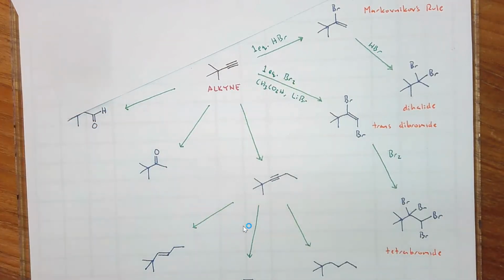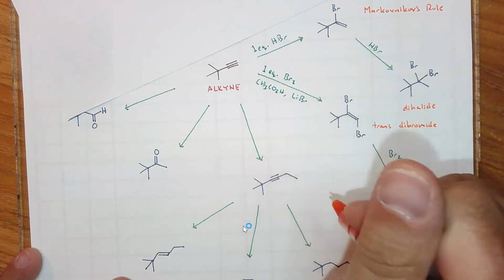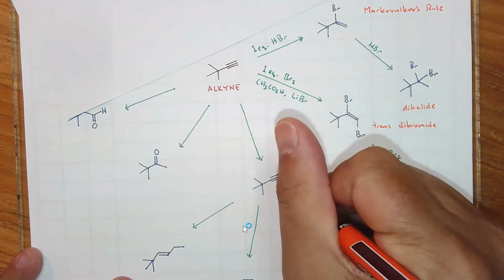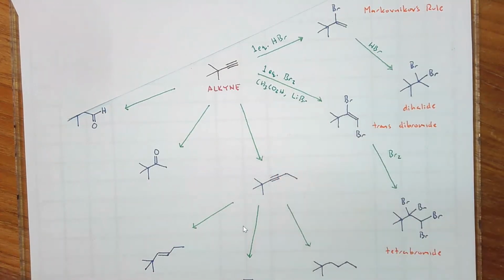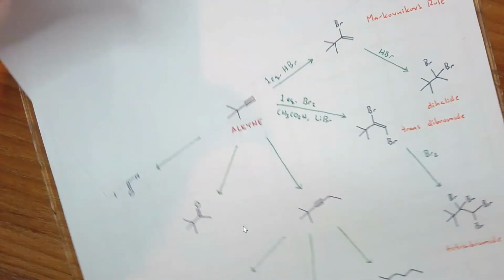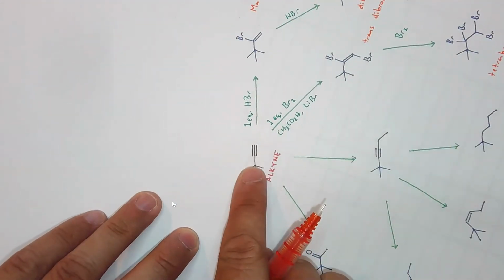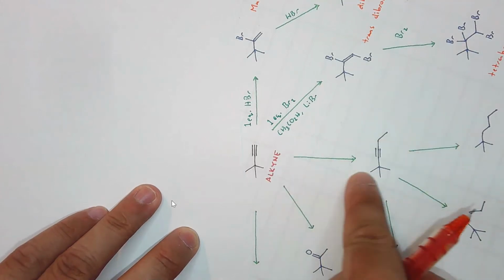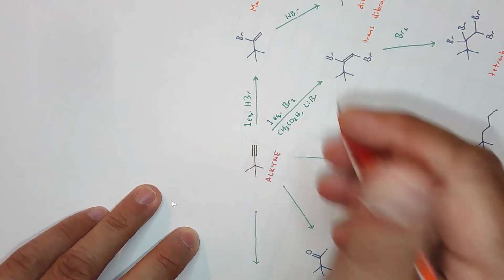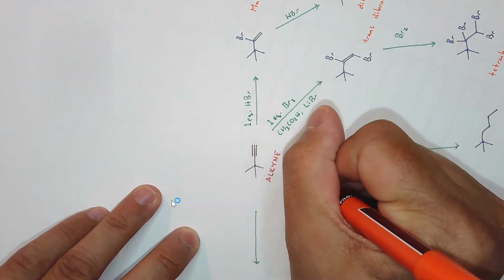Okay. Next is an alkylation. And let me actually write it sideways. Do you see how we have a terminal alkyne and we added two carbons at the end? This is alkylation.